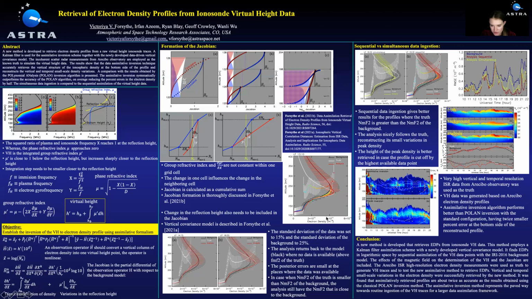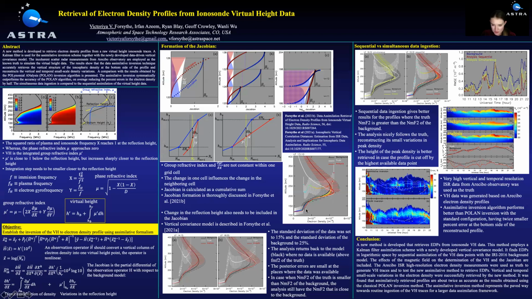This particular example shows the background with a black line, the data observed by the incoherent scatter radar, and the truth as the white line. And we generate our virtual height data points, here shown with different colors, based on this white profile.